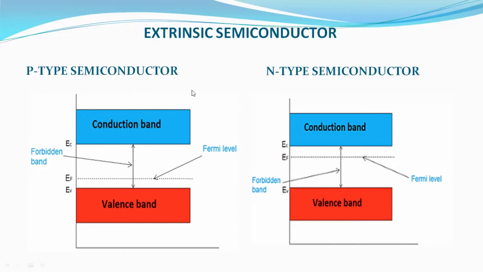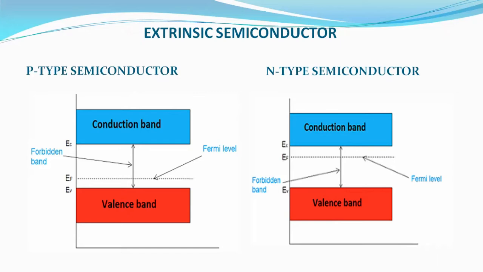And as you add extra holes here, the electron energy gets sufficiently diminished. So this Fermi level will get shifted towards the valence band. And for n-type semiconductor, you are increasing the number of electrons, that means electrons are the majority carrier here.